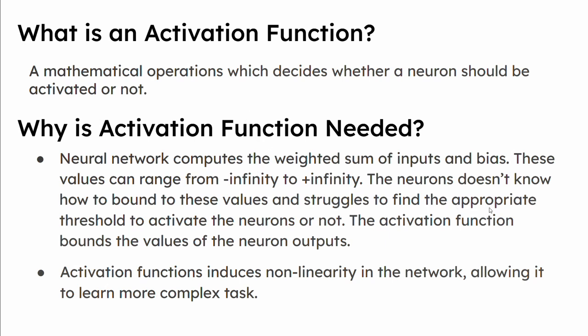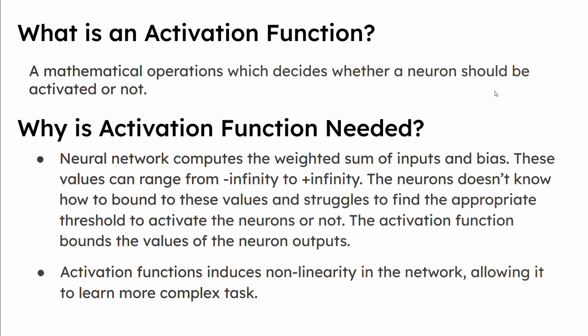Non-linearity means not a straight line. If we don't use an activation function, it will be a linear function, which will either increase or decrease based on the input value. If the input value increases, the output increases.